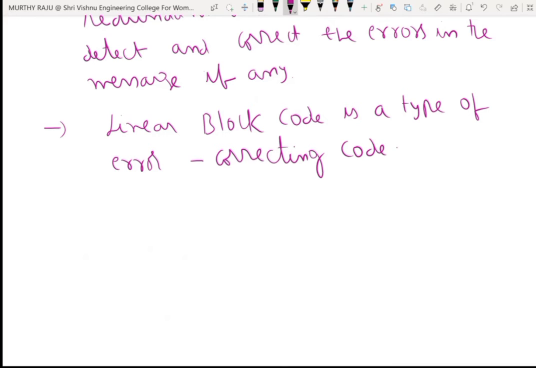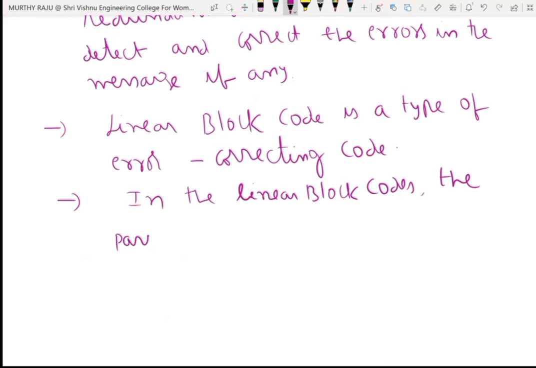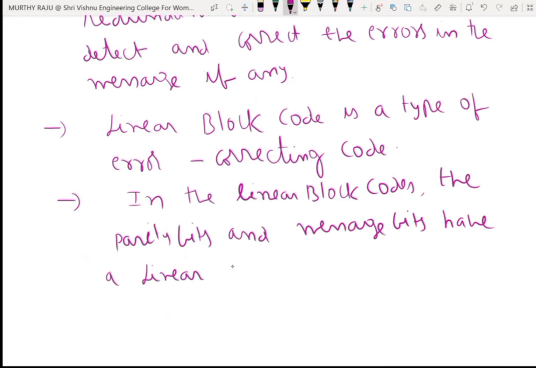Why is it called linear block codes? In the linear block codes, the parity bits, that means redundancy bits, sometimes also called check bits, and the message bits have a linear combination.